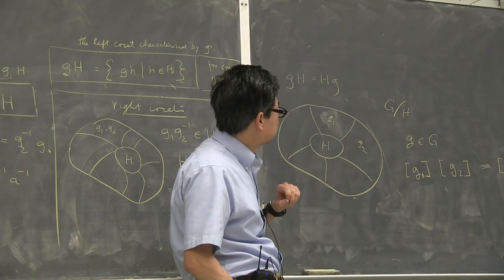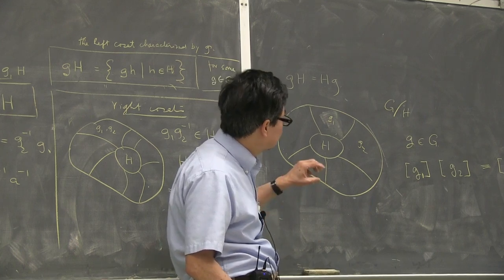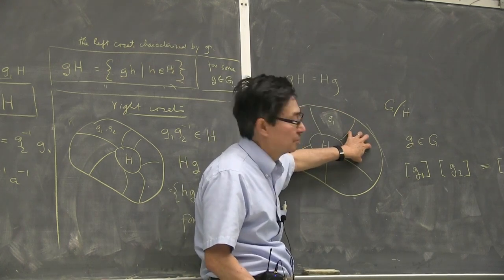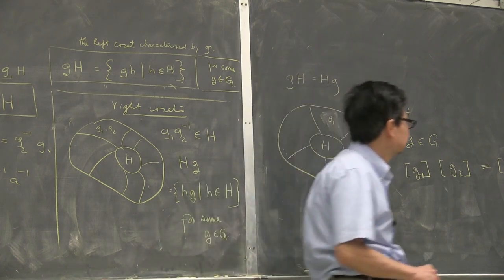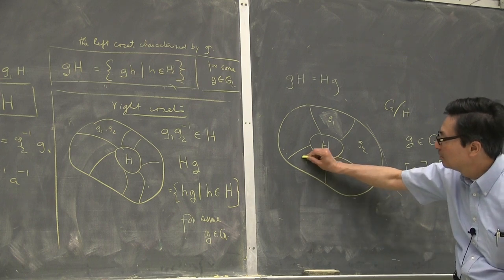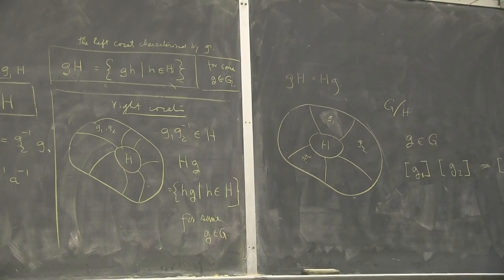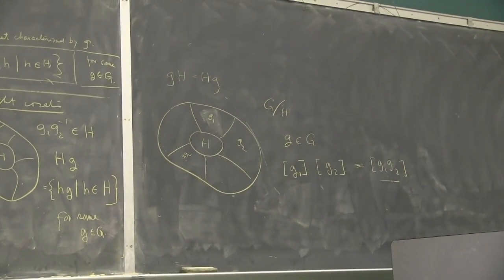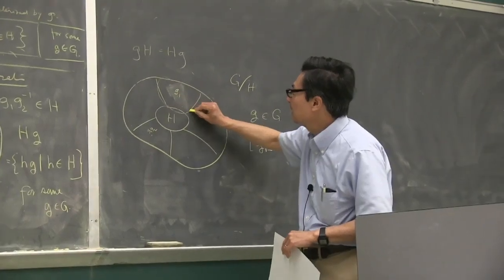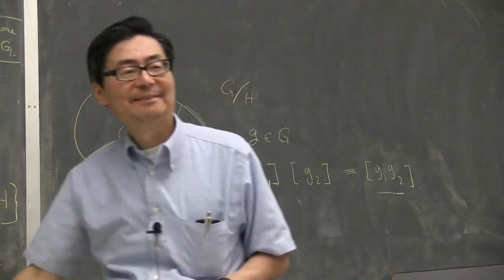So here I have a multiplication rule which tells you how to multiply this coset by this coset. Okay? Which one do you get? You get the one that's characterized by this group element. Now g1 times g2 may be elsewhere. Let's say g1g2, as a product of these two things, sits over there. Okay? So here would be the case where this coset multiplied by this coset gives you that coset.